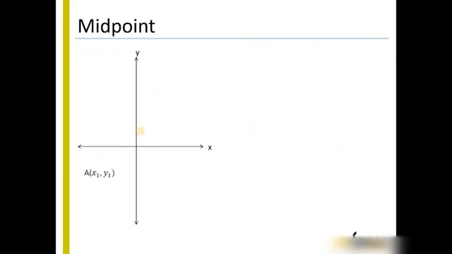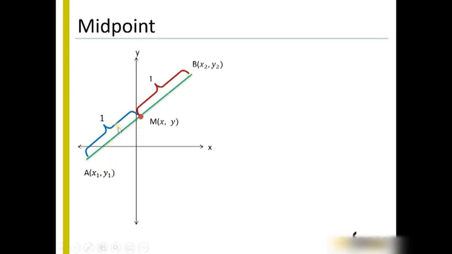Midpoint. This time, let's have 2 points A(x1, y1) and B(x2, y2). And now let's try and divide the line segment exactly in half, so in the ratio 1 to 1. And we'll use the point M(x, y) as the midpoint of this line.